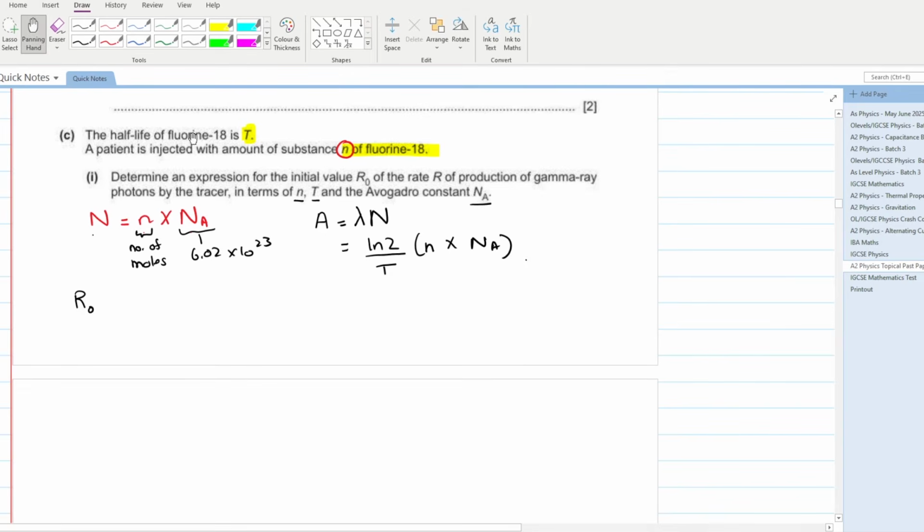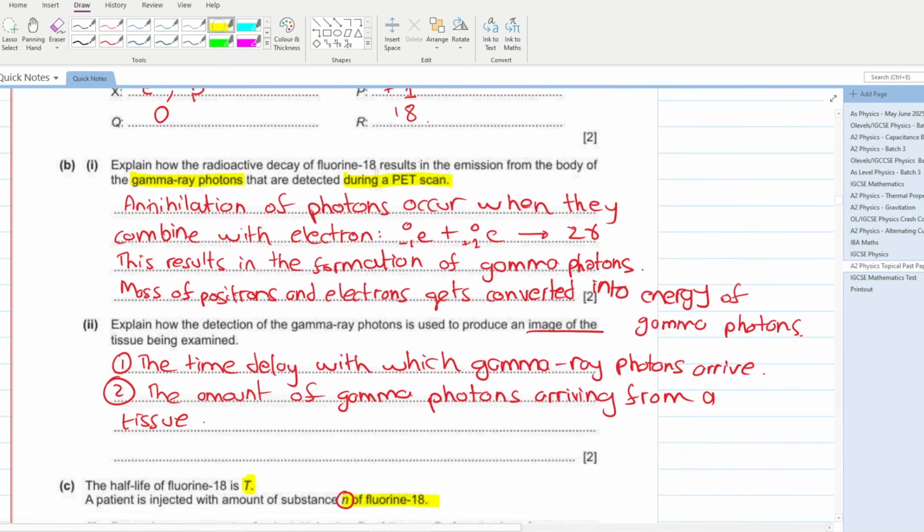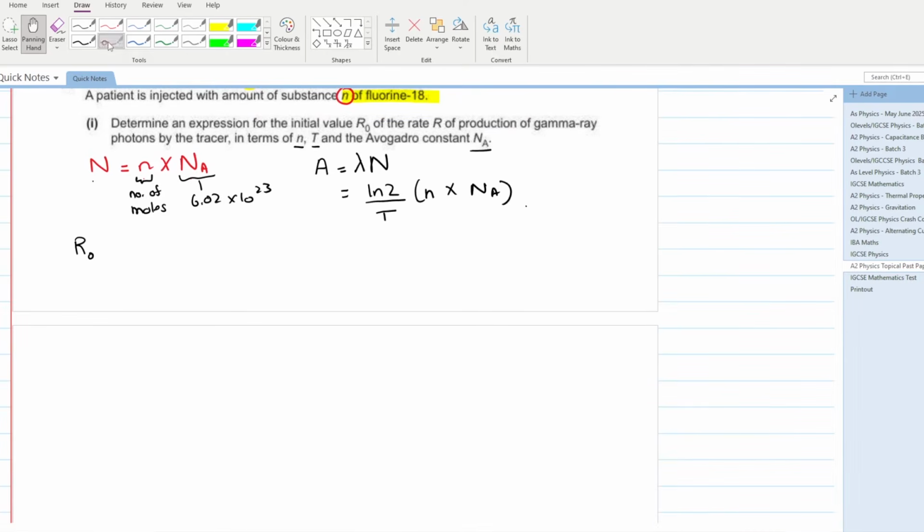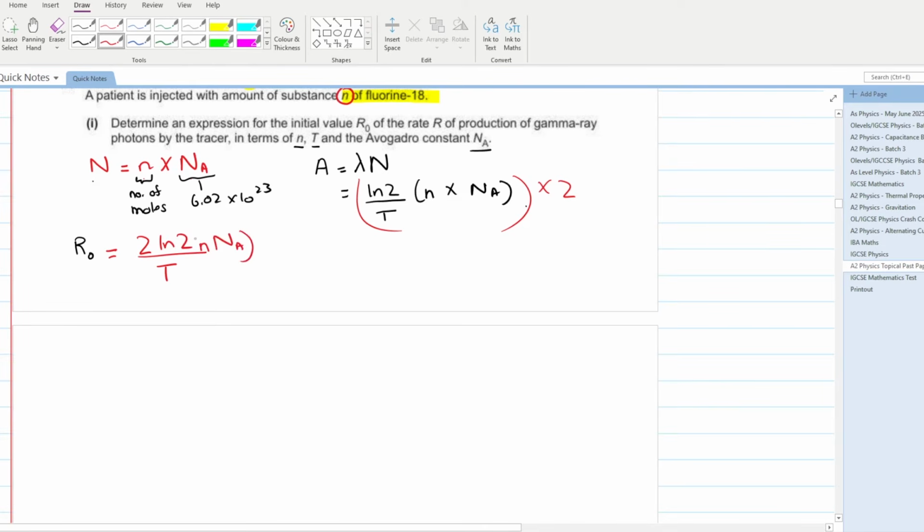One thing is still remaining here. Do you realize that for every positron and electron there are 2 gamma photons being emitted? So this activity will be multiplied by 2. This will equal the initial rate of production, 2 ln 2 divided by capital T into n capital N_A.